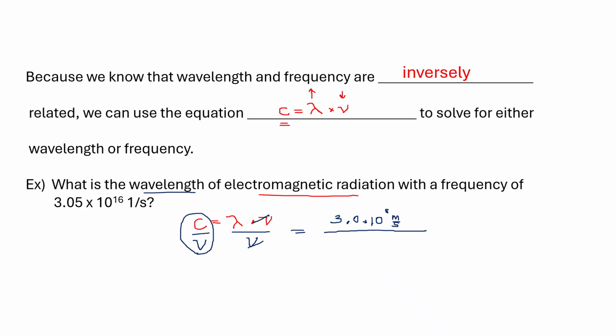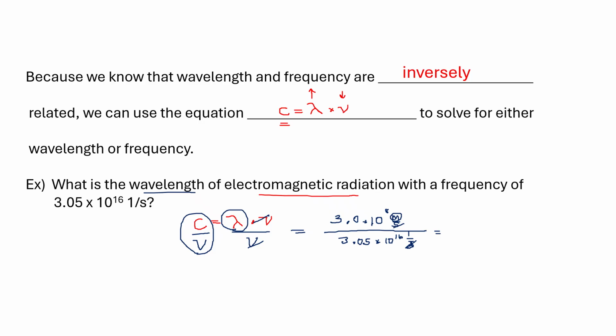And then on the bottom, I put in my number 3.05 times 10 to the 16th 1/seconds. And I know I've done this right if everything cancels properly. And if I'm looking for wavelength, right, which I am, I should end up with meters as my unit, which I will, because seconds will cancel. Oops, I wrote 1/2 instead of 1/seconds. So seconds will cancel and I'll end up with meters in my answer.